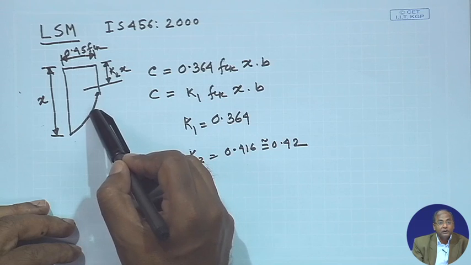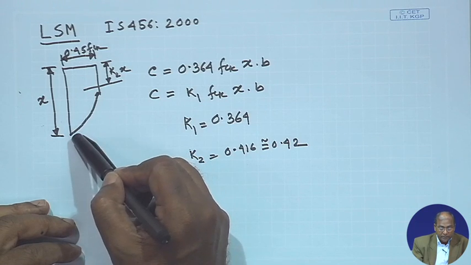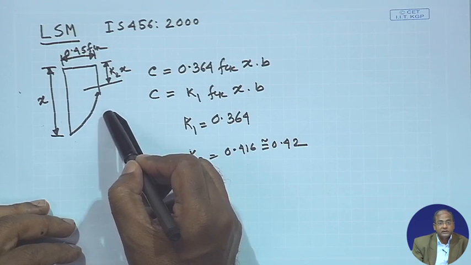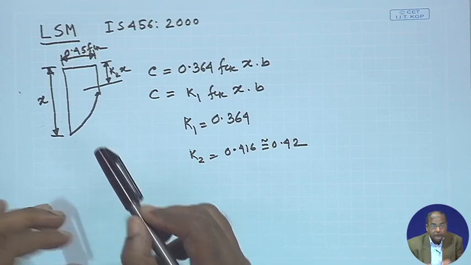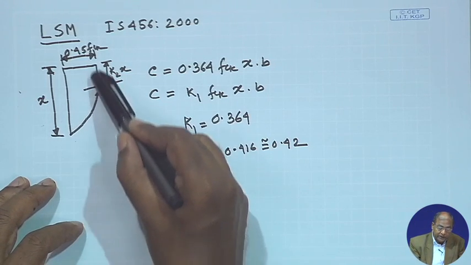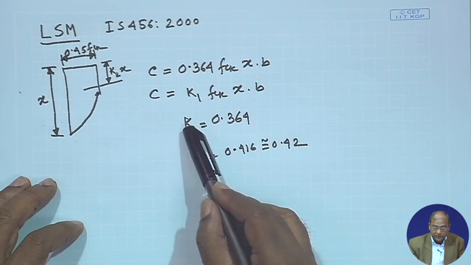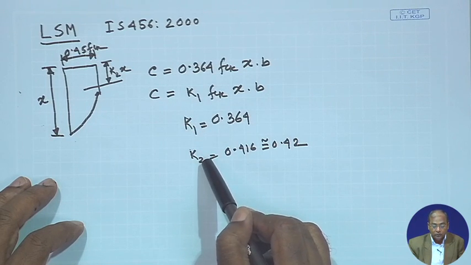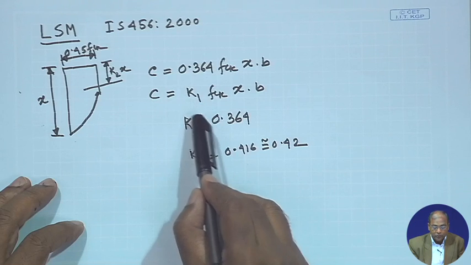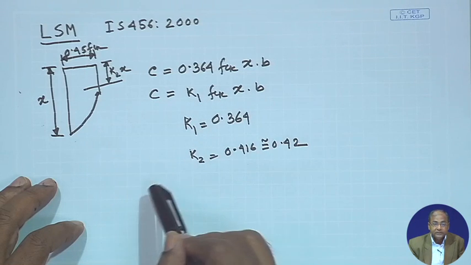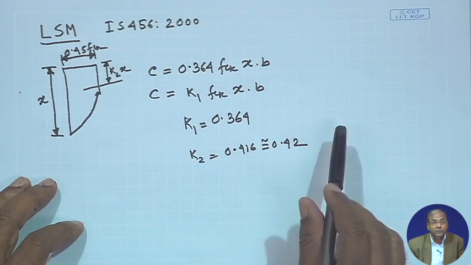We have taken a parabolic shape, or you can say more precisely a parabolic rectangular shape. If we take a parabolic rectangular one, we can define it with the terms K1 and K2. That means C will be equal to Q1 FCK x B. Similarly, we can find the value of M also.